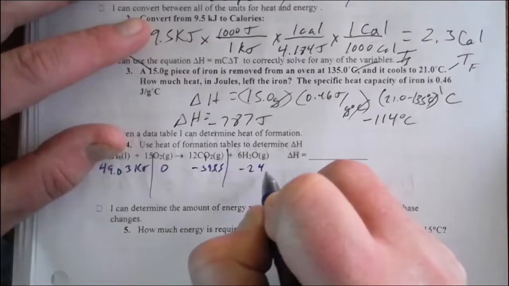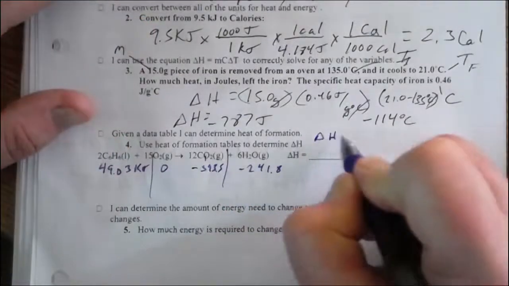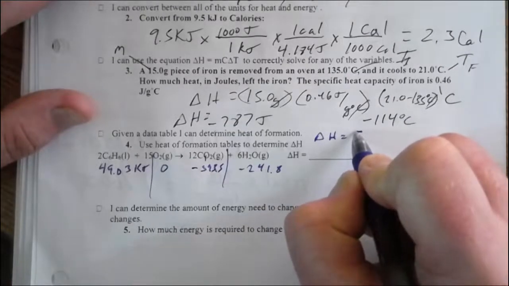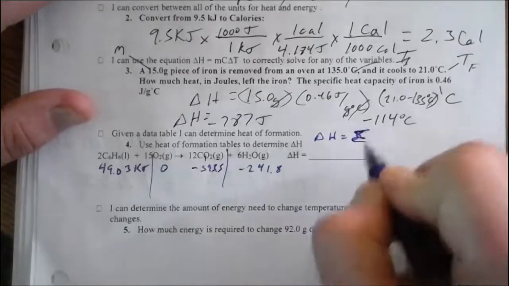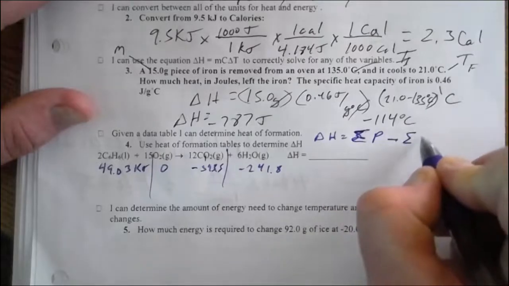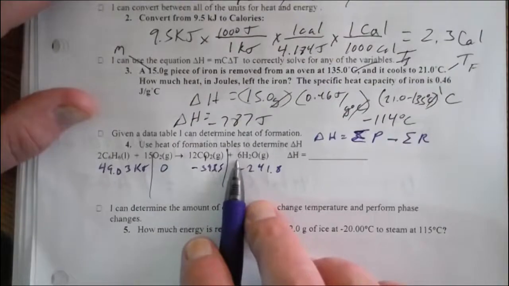Negative 241.8. Now, if you recall, the delta H is the summation. How do these go? Like this? Or the other way? Summation of the products minus the summation of the reactants. And you have to multiply it by the coefficient.